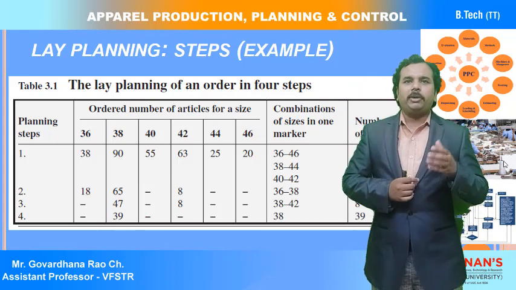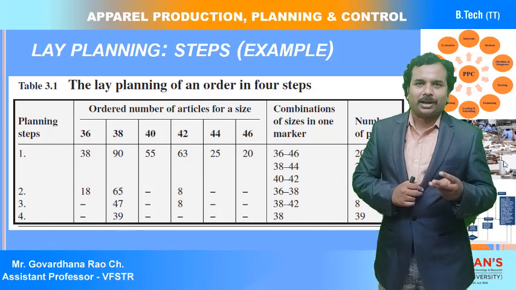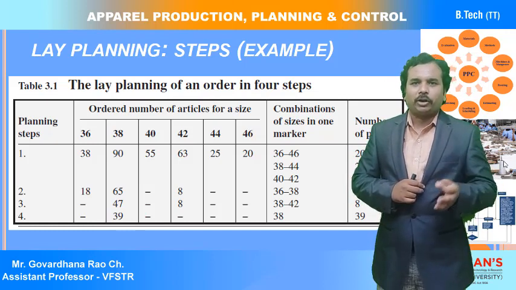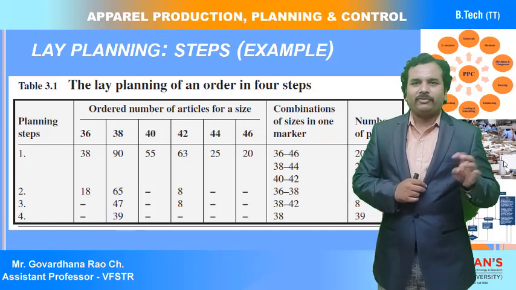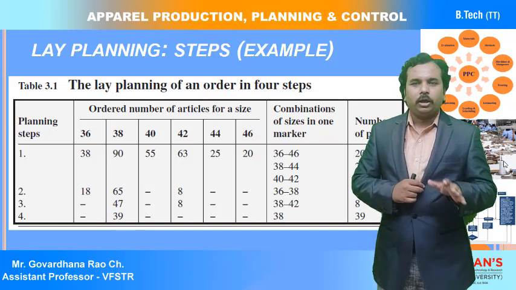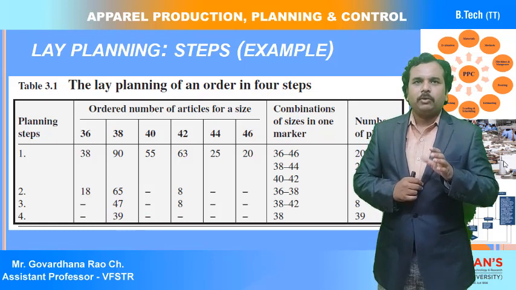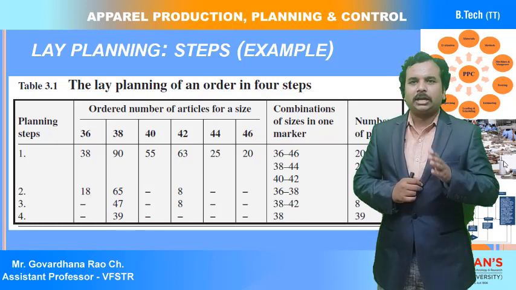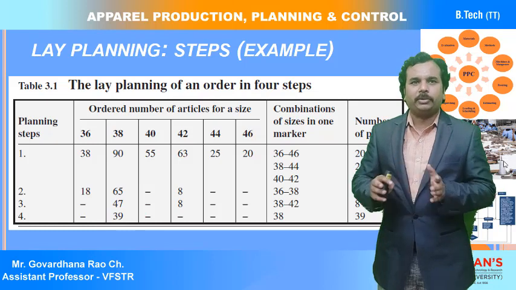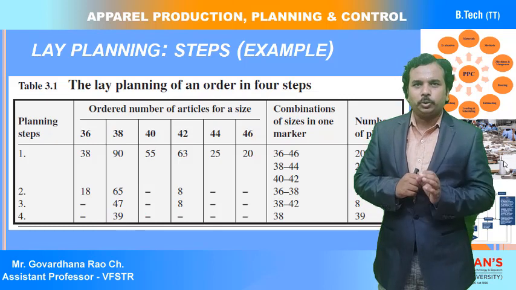So total how many markers are prepared in the first step is 3 markers, that is 36 and 46 combination, 38, 44 combination, 40 and 42 combination. Okay. So by these we are going to complete 40 size, 44 size and 46 size number of garments. Now remaining is only 36, 38 and 42 size.